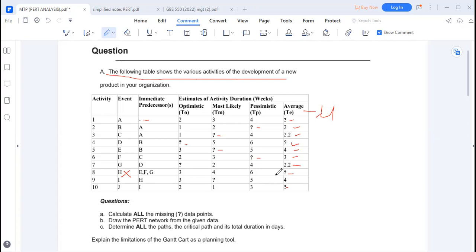So we can substitute here for H. These other ones were given. Here we have already found the first one, which is 3. So we can now find for H.